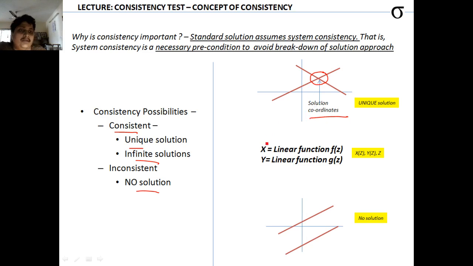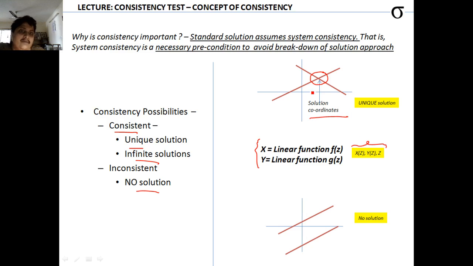coordinates. Now, for the case of infinite solutions, you would express the equations for the variables x and y in terms of z. If it is a three-variable system, you would express x and y in terms of z, and then your solution set would be x of z, y of z, and z.